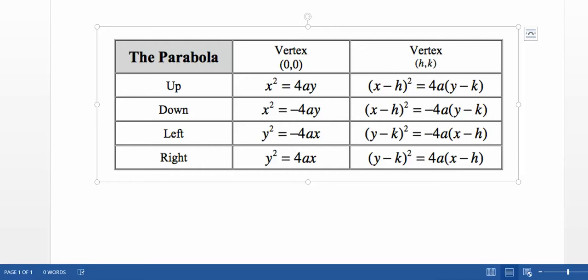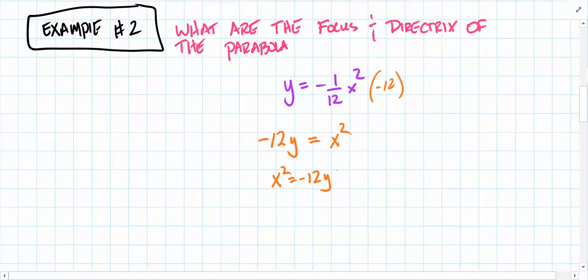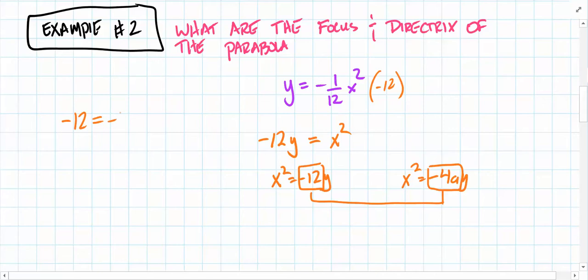So if we go back to this, here's what we have. If we write down x squared equals negative 4ay, then I know that negative 12 is equivalent to negative 4a. So let me write that down. Negative 12 is equivalent to negative 4a. If I just divide by negative 4, I get a as a value of 3 in this case.